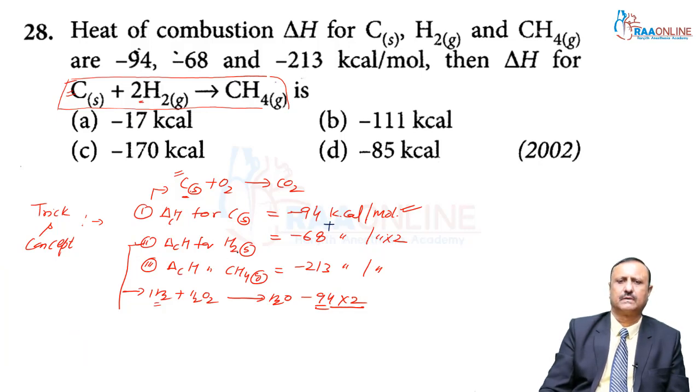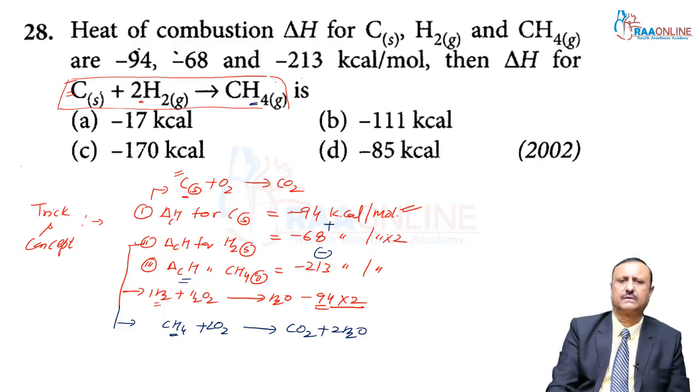Here you can see the combustion of methane. What is the reaction of combustion of methane? CH4 plus oxygen gives CO2 plus 2H2O. Here you have the combustion of methane, but the target needs the formation of methane. So, this heat must be reversed, negative, to get this reaction, and you get the answer. Now, what will we do?